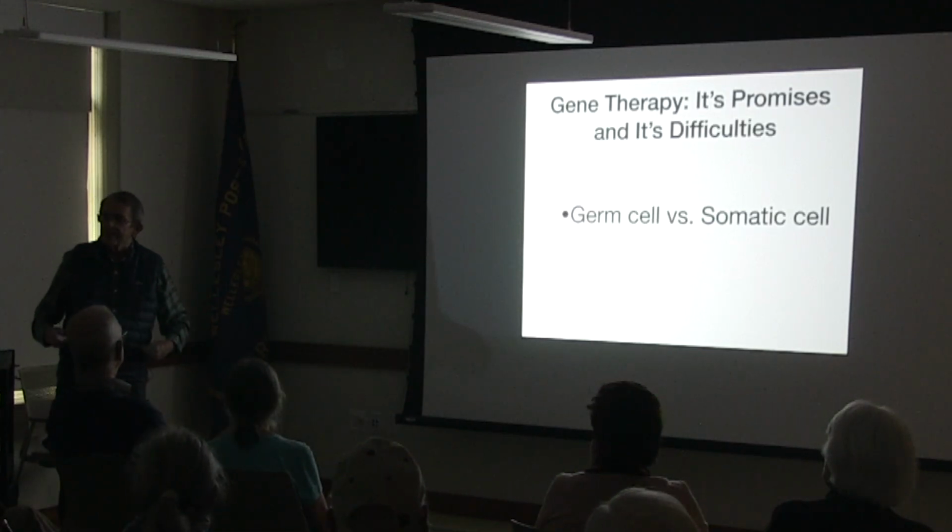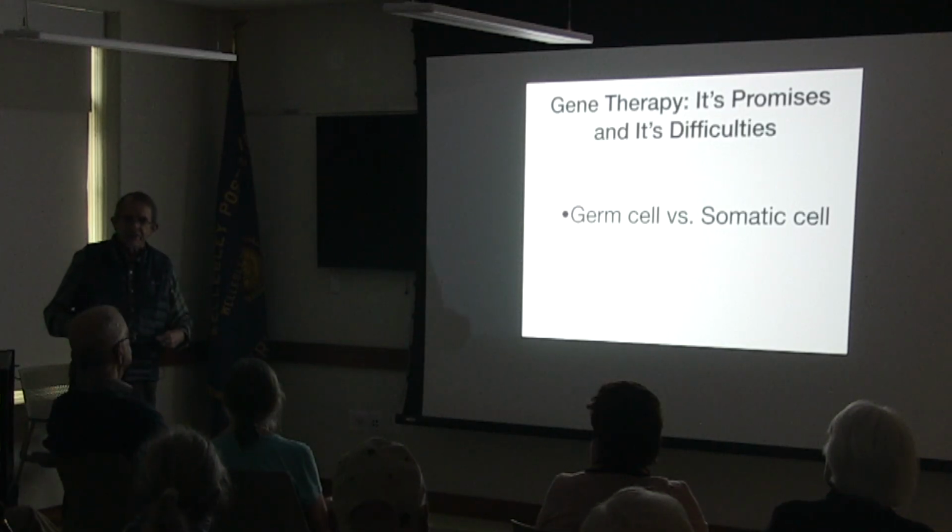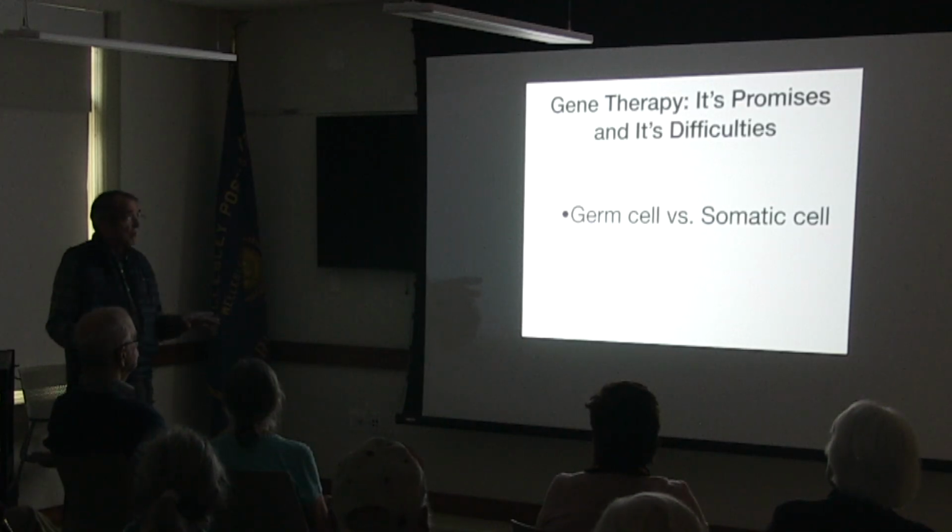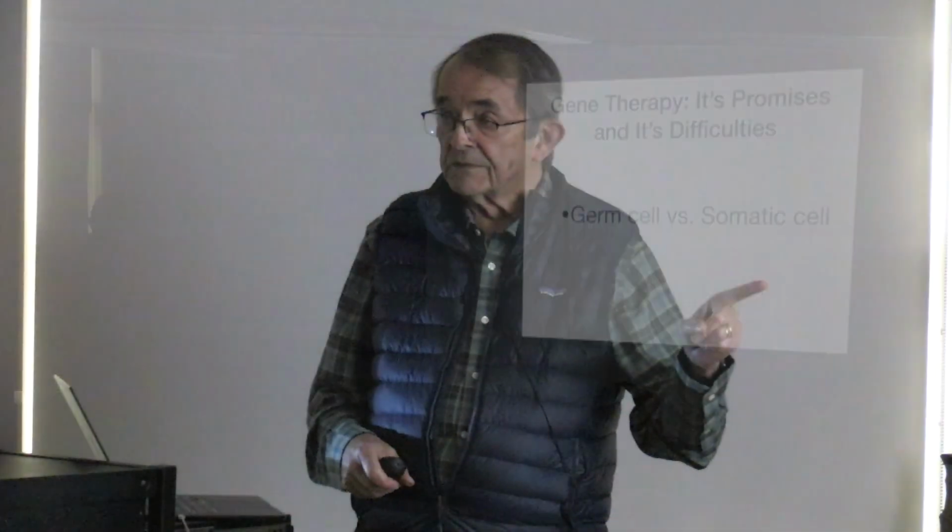And if I'm going to transplant a gene, how am I going to get it into every cell in your body? So that's been a huge issue with this process. Germ cell, if you do it with an egg cell, or 2 or 3 cells, 4 cells, okay, then you have a chance of curing a fetus, an embryo, at that stage. If you could do it there, that would work. But for you and me, it's a little late.